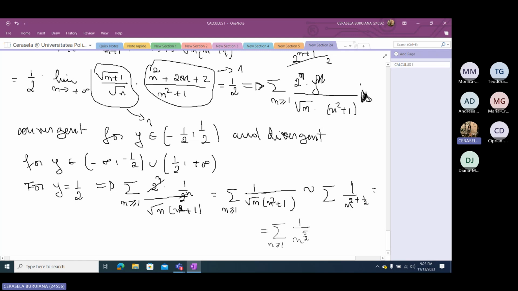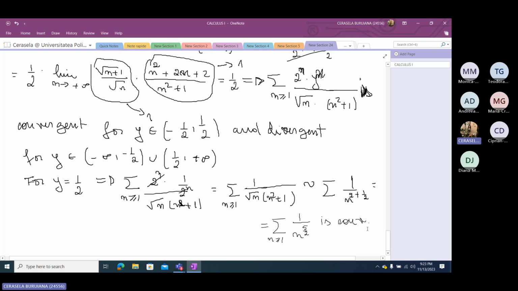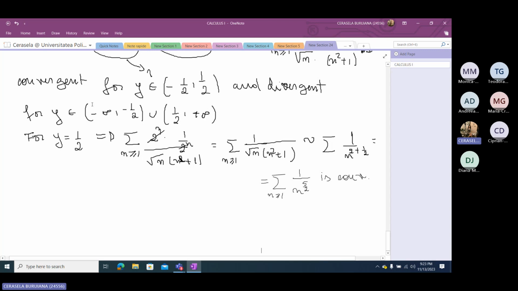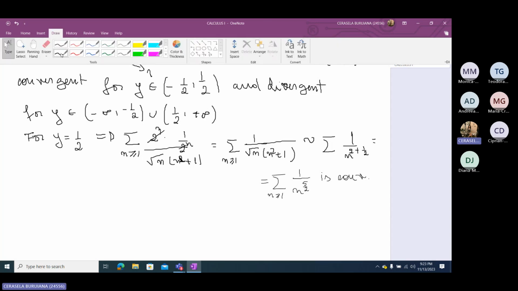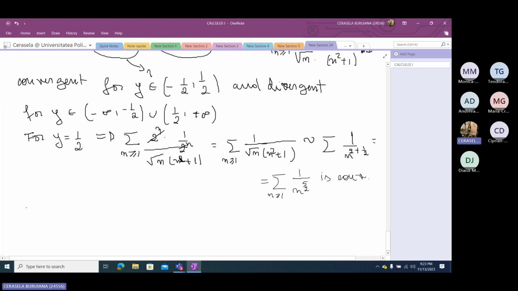So what happens? What do you think? Convergent. Good. So in y equal 1 over 2, the series is convergent. To finish, I have to check the other extremity, and then that will be all.